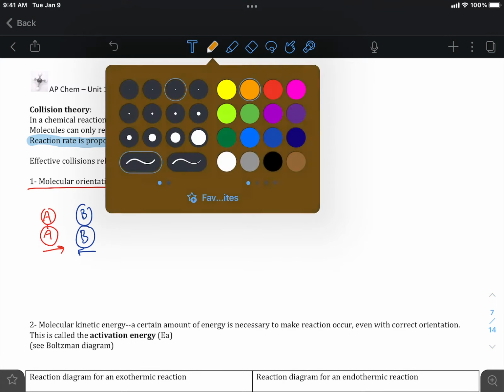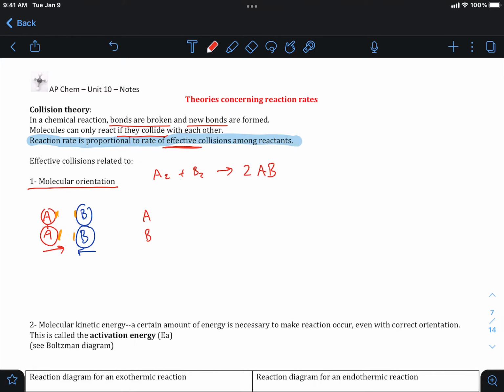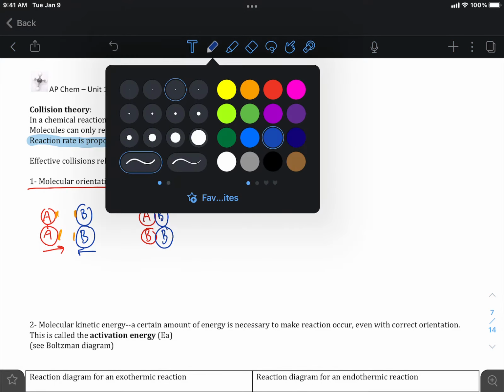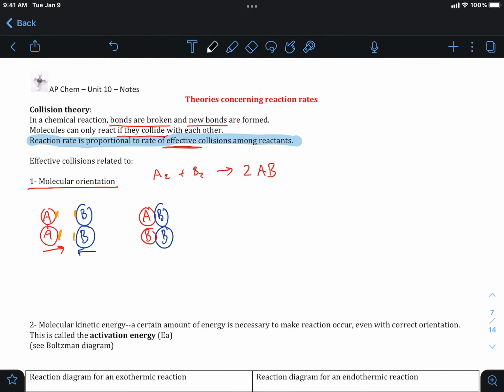Right? So here and here and here and here. So it's here, right? The collision.